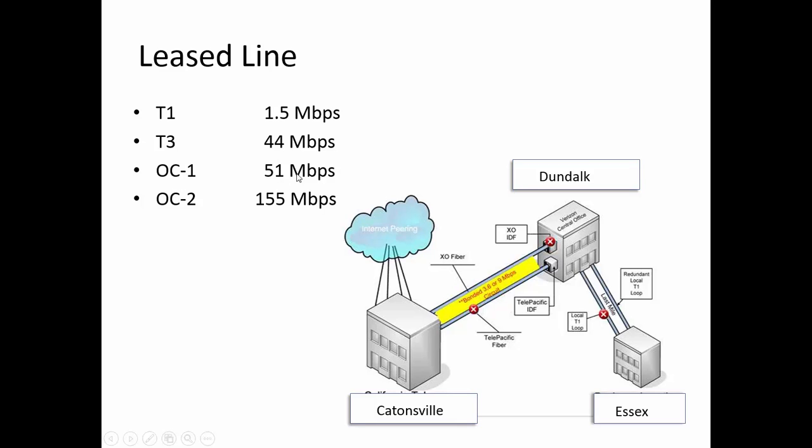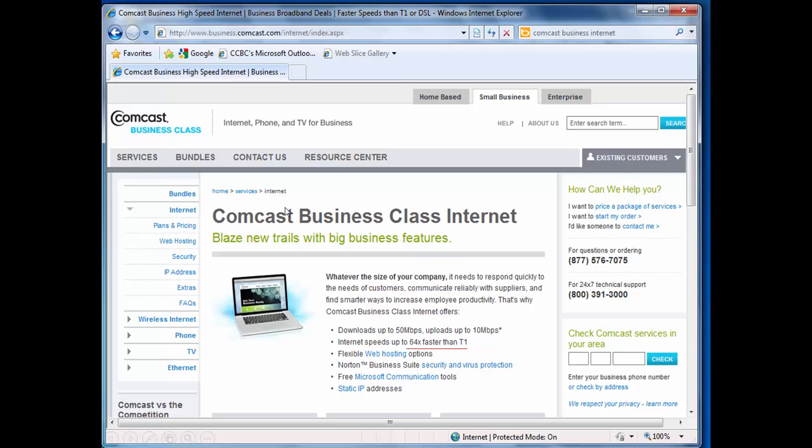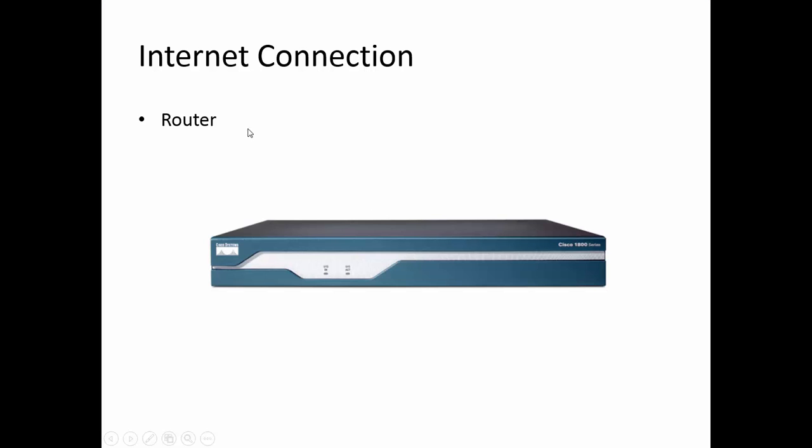OC1 provides 51 megabits per second, and an optical carrier 2 provides 155 megabits per second, and we have 2 optical carrier 2s at each one of our main campuses. Comcast Business Class Internet provides high-speed internet speeds up to 64 times faster than traditional T1.